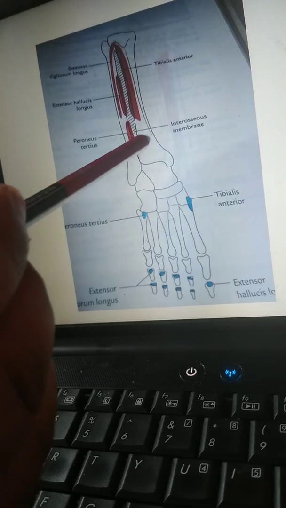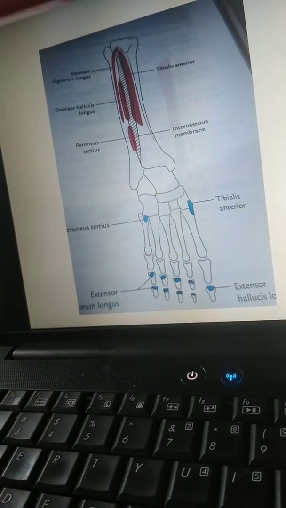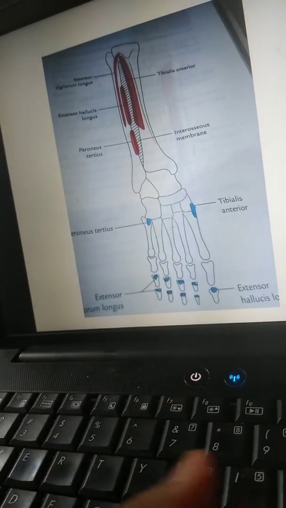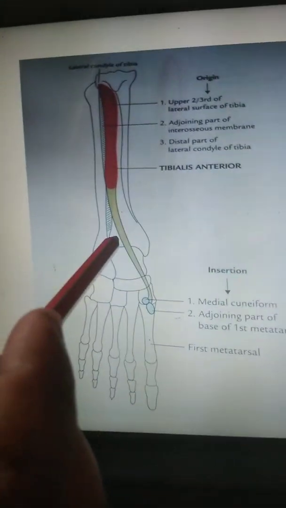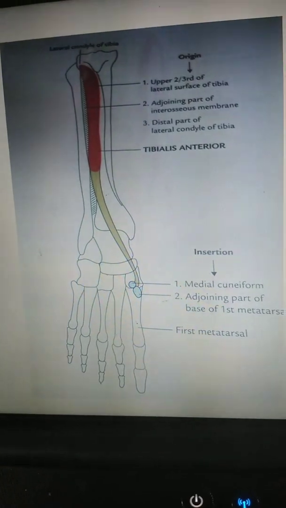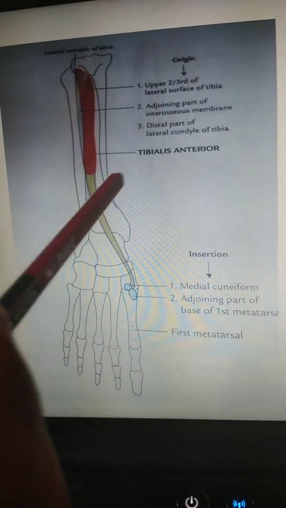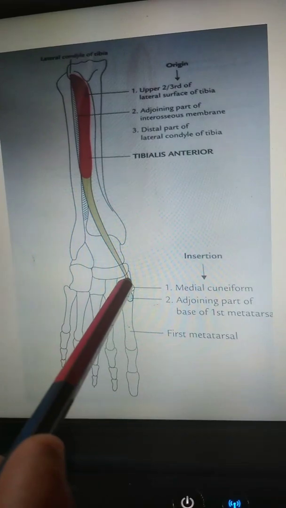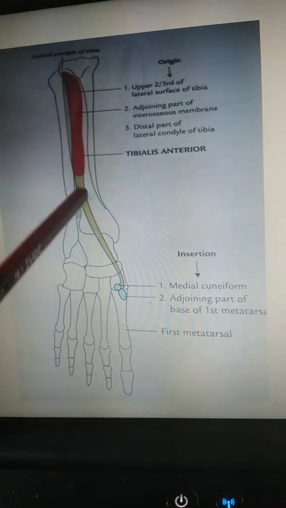The muscle fibers converge below to form a tendon, which is related to the lower 1/3 of the lateral surface of the tibia.